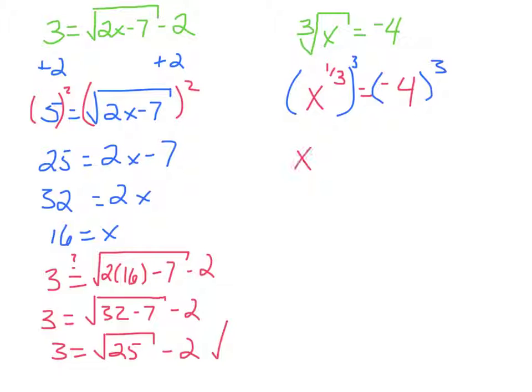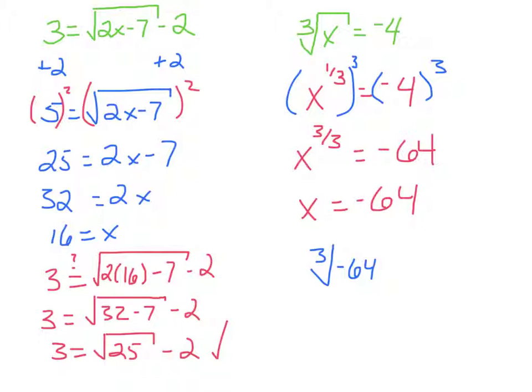This would become x to the 3 over 3. And this would become negative 64. So that would be x to the first equaling negative 64. And if we go back to check that, you would say, is the cube root of negative 64 equal to negative 4? And it sure is.